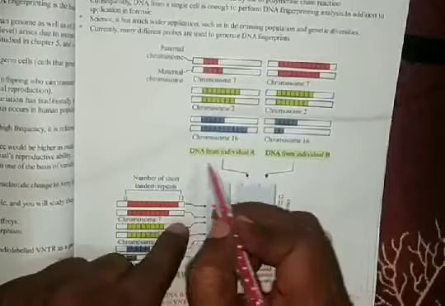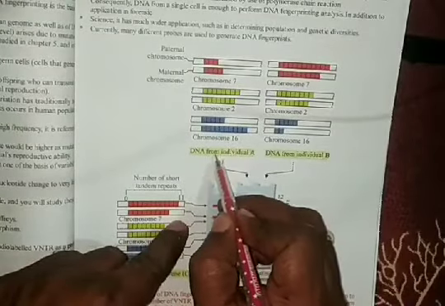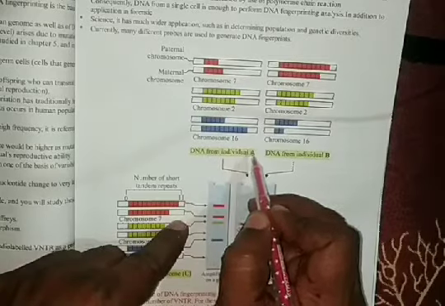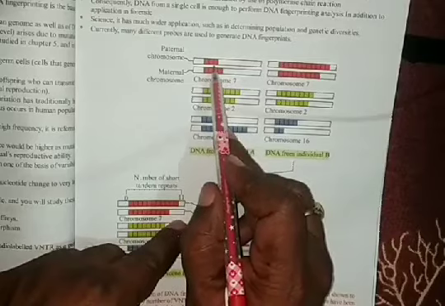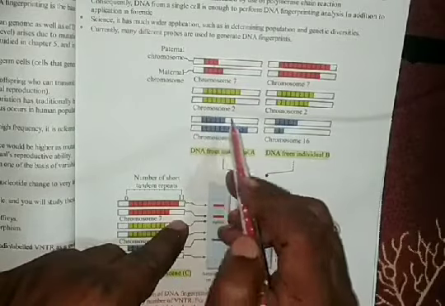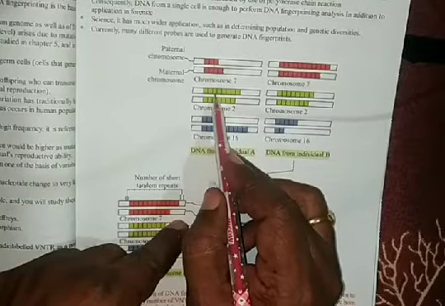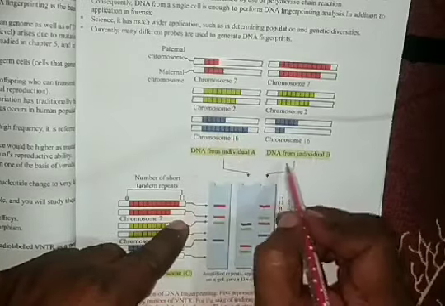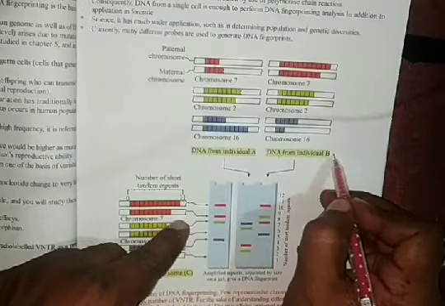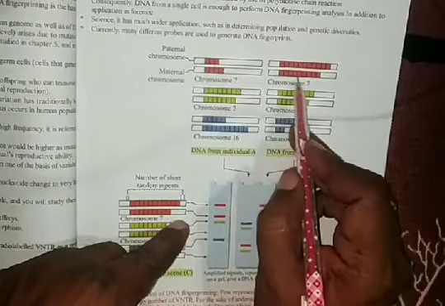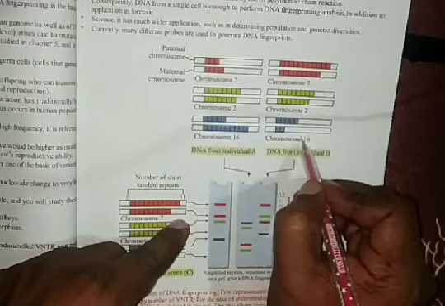Here is DNA from individual A, a suspected person. It shows chromosome 7, chromosome 2, chromosome 16. This is DNA from the suspected individual B, also chromosome 7, chromosome 2, chromosome 16.